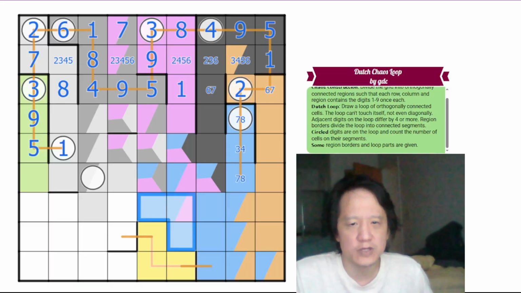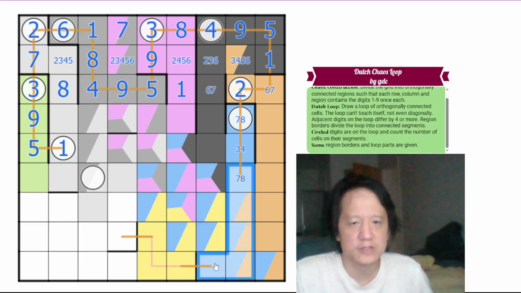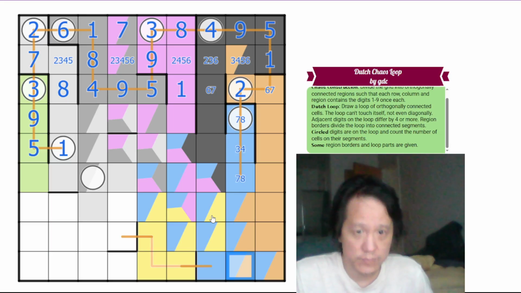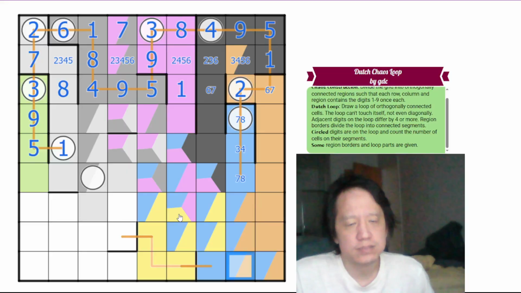Obviously, these could be yellow. These could technically be yellow also, because it could be 7 this way. This could be some sort of red.